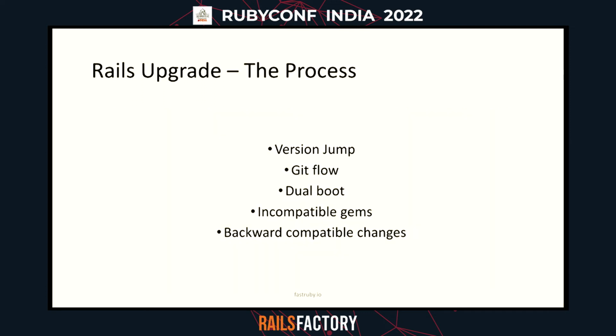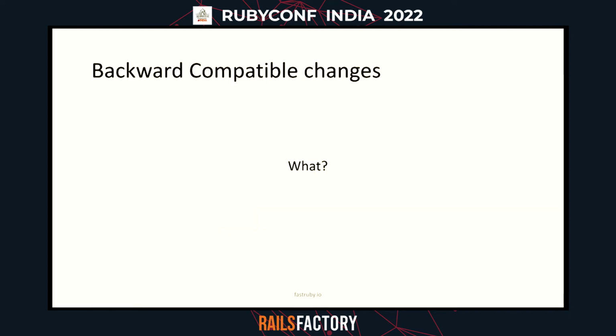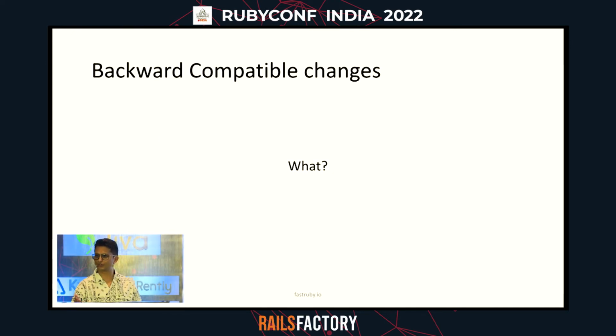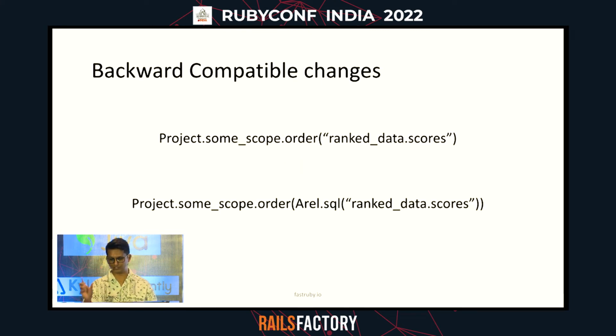Alrighty. The next thing is backward compatible changes. So what are backward compatible changes? These are changes which are compatible with your current Rails version and also compatible with your target Rails version. For example, let's look at this first query, project.someScope. When Rails 6.0 came out, it said that, hey, it has some vulnerability.